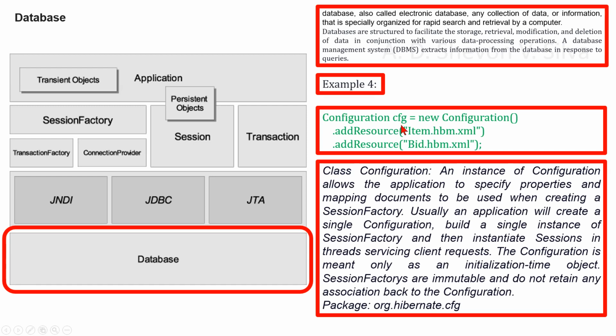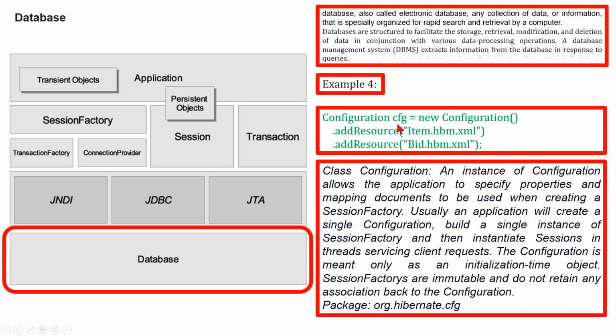Usually an application will create a single Configuration, build a single instance of session factory, and then instantiate sessions in a thread servicing client requests. The Configuration is meant only as an initialization time object. Session factories are immutable and do not retain any association back to the Configuration.